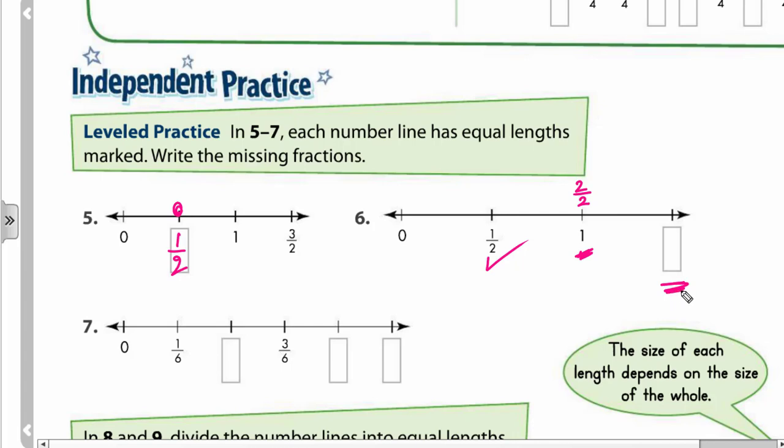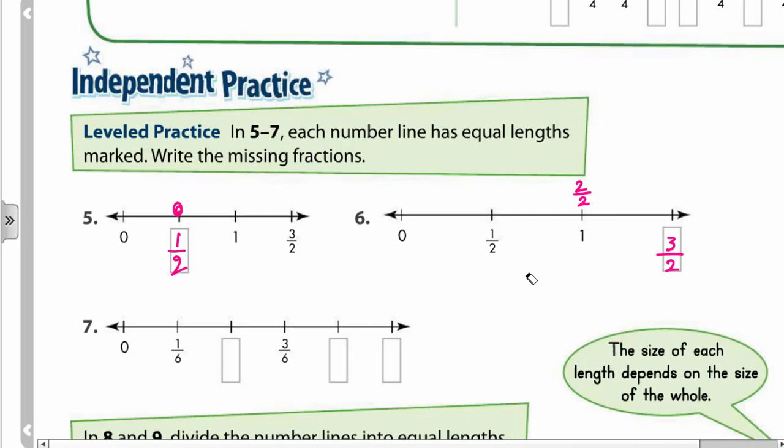So what is the next fraction? 3 halves. 3/2. Read it. 3/2. Thank you, my hero. Great work.